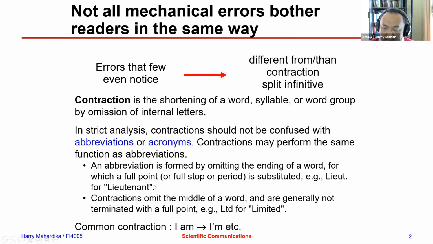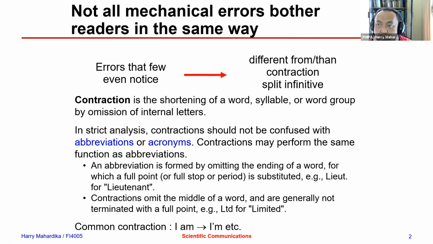Lieutenant can be abbreviated as Lt., or a certain company, for example, Microsoft Ltd. It is actually Microsoft Limited, and so on. And a common contraction could be found, for example, for writing I am into I'm, and so on. So these are the common contractions that are okay for you to follow.